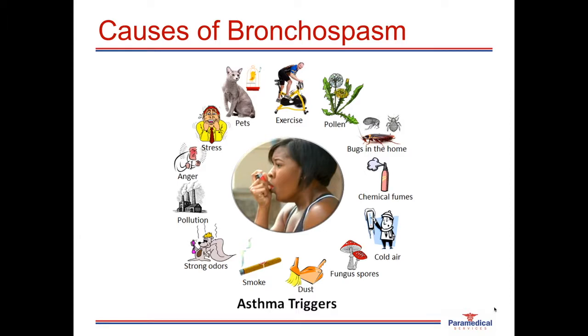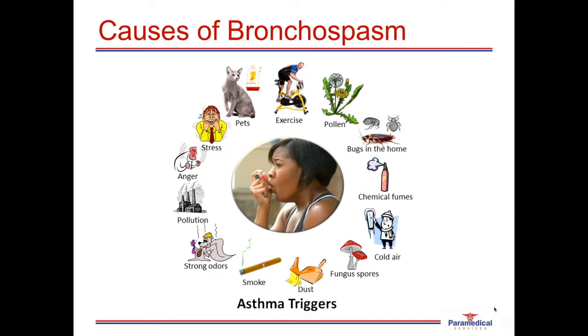These triggers can include contact with pets or different types of animals, exercise, pollens, bugs such as dust mites, chemical fumes, extreme changes in the weather, particularly in the winter months where we have those extreme decreases in temperatures, and different fungi spores. So if there's any mold in the house, this will be a really big trigger for the asthmatic patient.